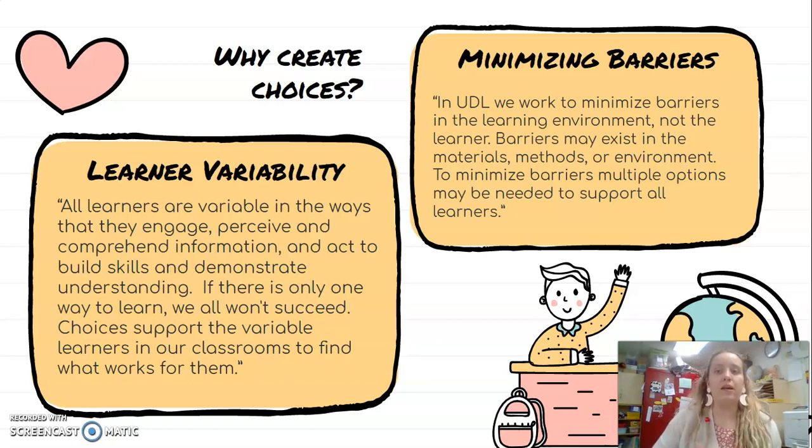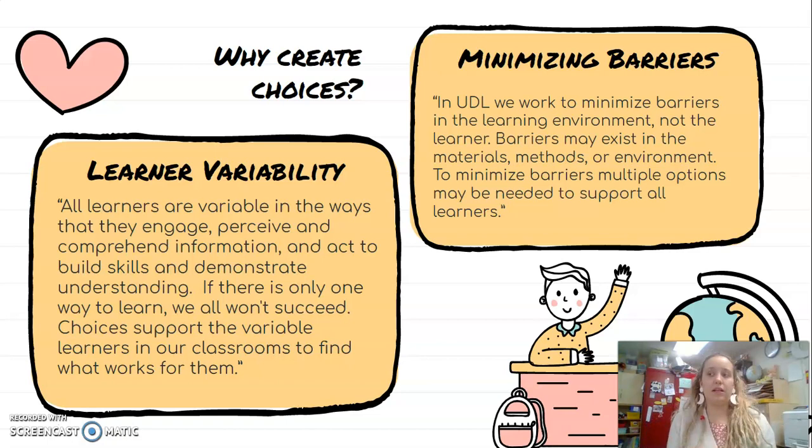Then learner variability. In addition to there being barriers to just learning itself, the action of learning can happen in a lot of different ways for students. So we all engage in different styles of learning, whether we're really observant or not. Some people are more actively listening when they're able to fidget with something, so their hands are busy and they can concentrate on just absorbing the information, right?